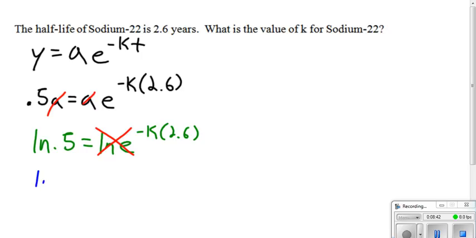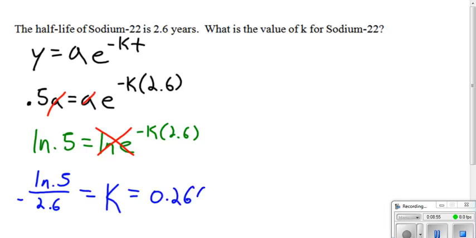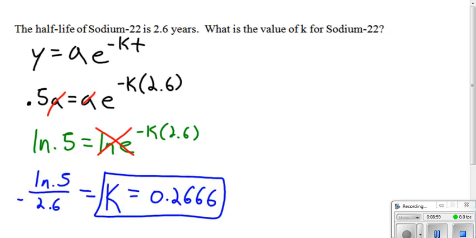So we get ln 0.5 over negative 2.6 equals that k value. And again, plugging that into our calculator means that k equals 0.2666. So that is our k value, what it is appreciating or depreciating over time.